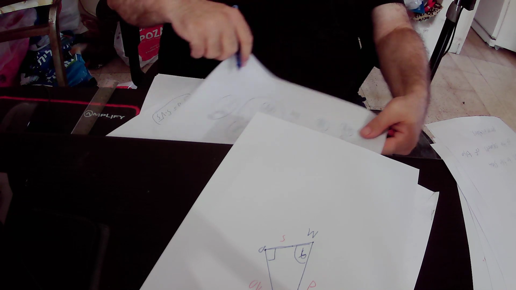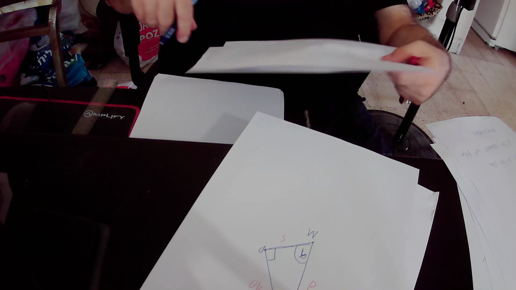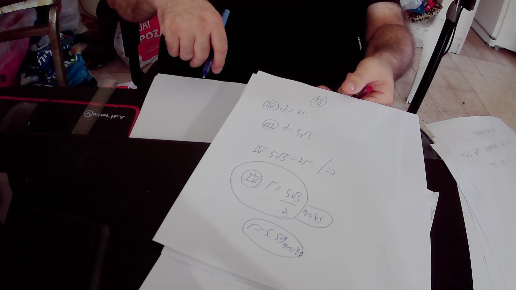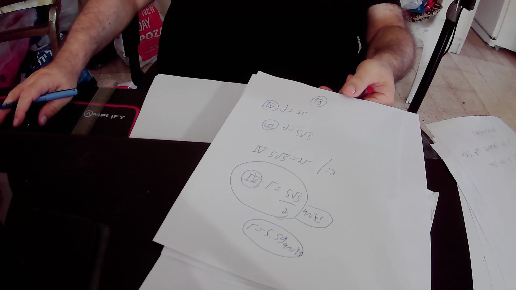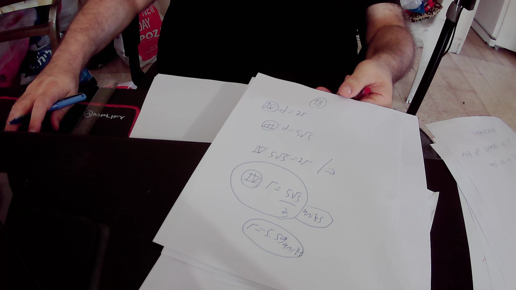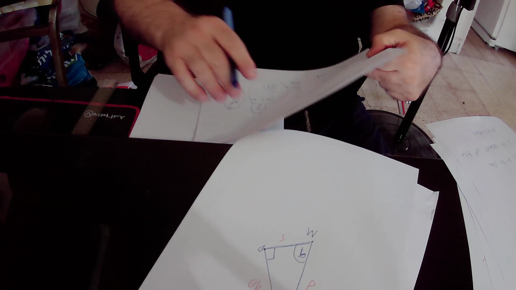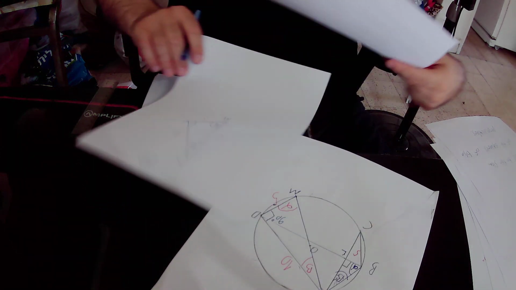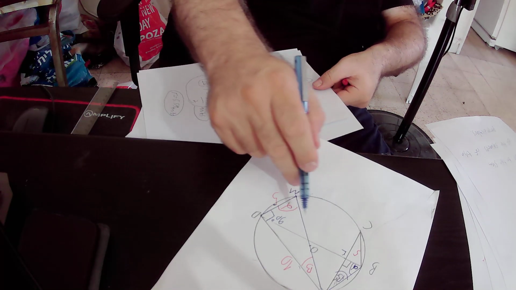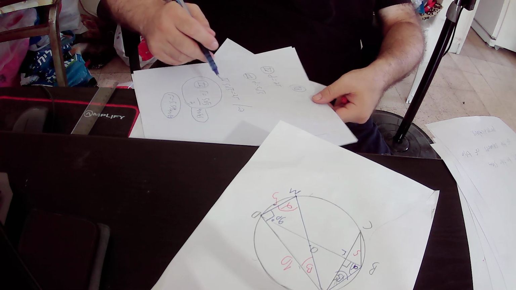Okay, so the radius of this circle equals 5.59 units.